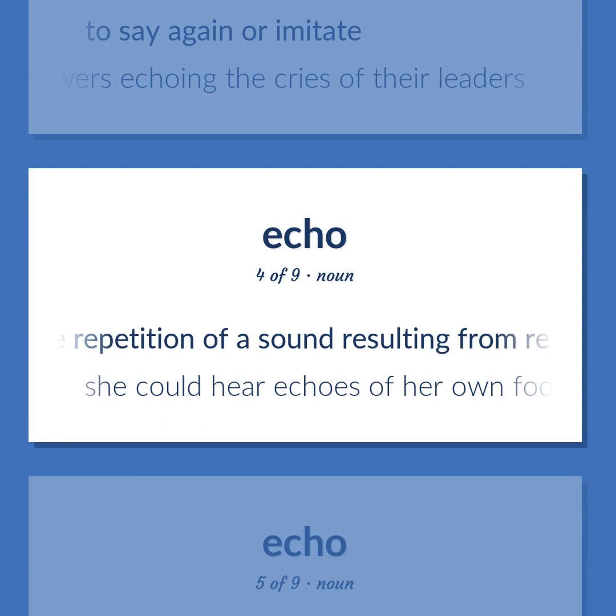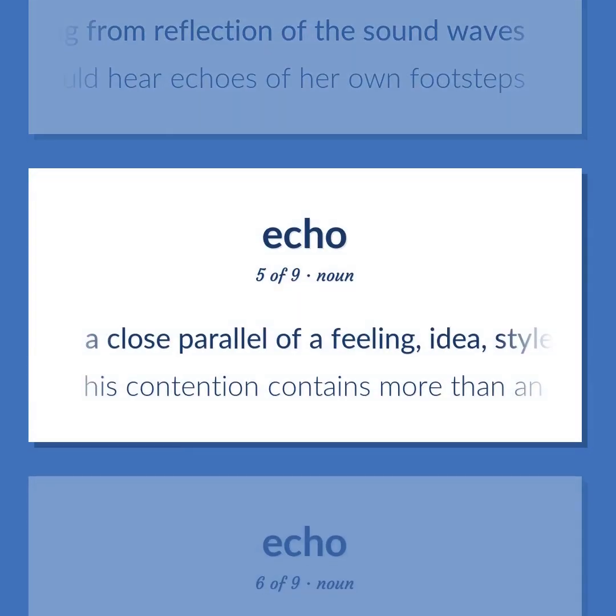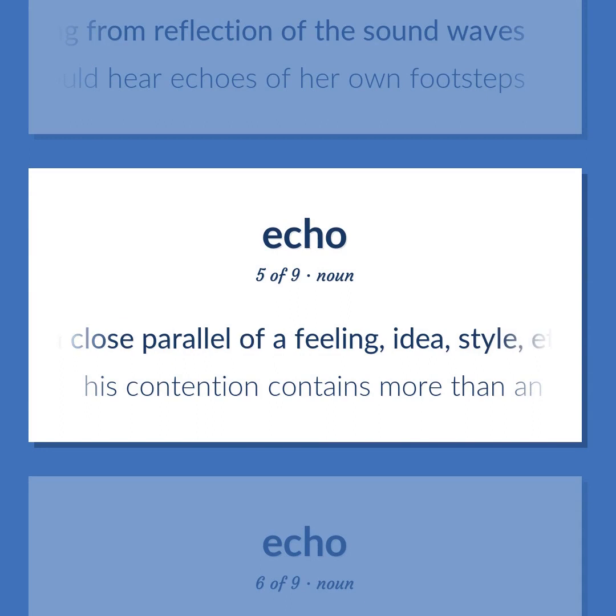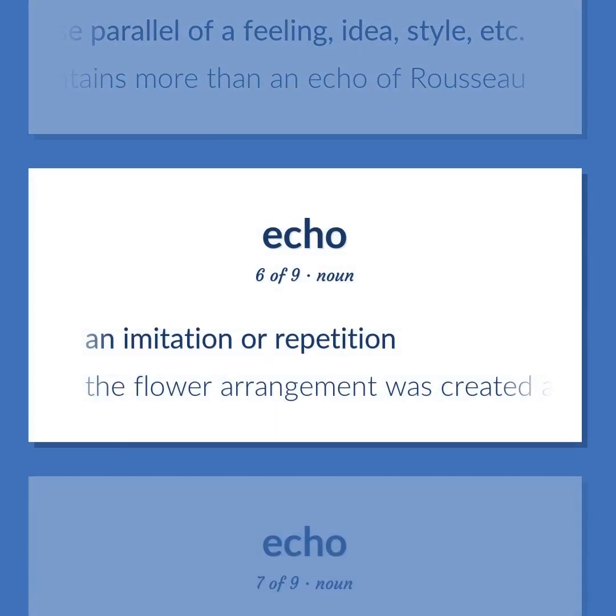The repetition of a sound resulting from reflection of the sound waves. She could hear echoes of her own footsteps. A close parallel of a feeling, idea, style, etc. His contention contains more than an echo of Rousseau. An imitation or repetition.